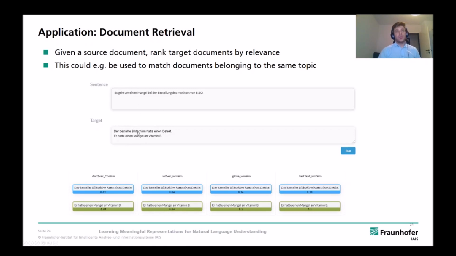But the meaning of the words of the first target sentence and the source sentence are, of course, closer. And luckily, this is also reflected by the different similarity measures here. Some of them, like Doc2Vec, do it very well, while others are struggling but still picking the monitors, in both cases here, as the more similar sentence.